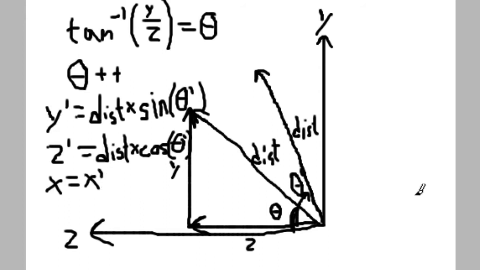So now I have everything I need. I have a method of inputting a three-dimensional vector and the number of radians which I want to change the vector by with respect to the x-axis, and these are the equations that I would use to do that.